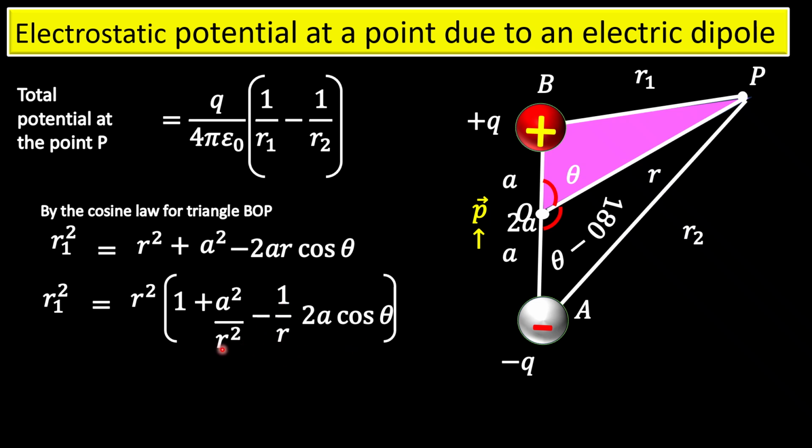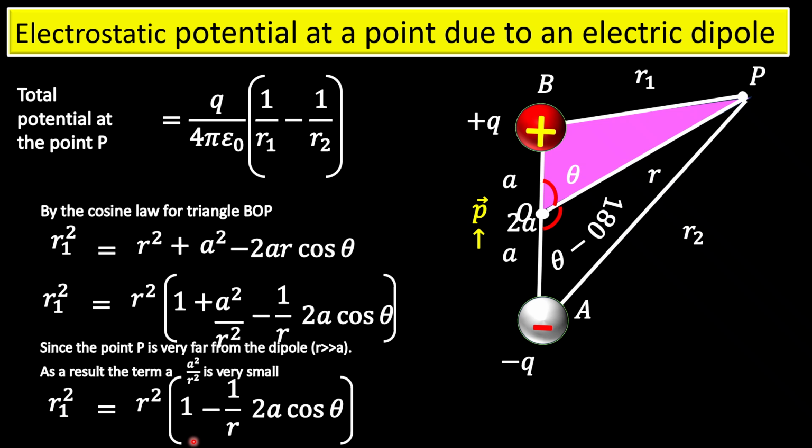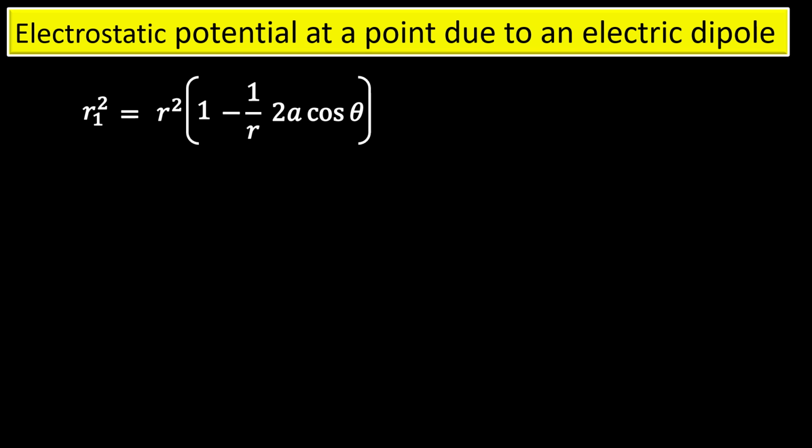Here, when r is much greater than a, the a square by r square value becomes negligible, so we ignore this value. So we get r1 square is equal to r square into 1 minus 1 by r into 2a cos theta. But we have to find 1 by r1.